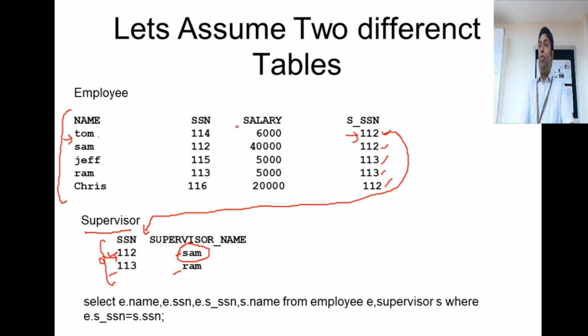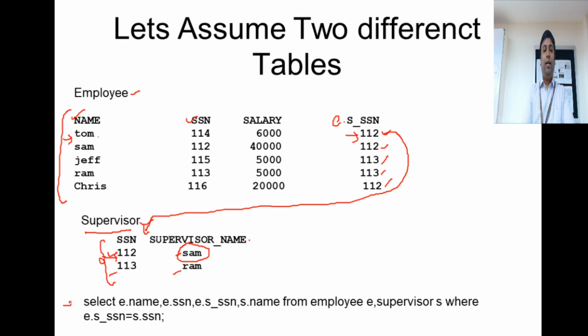So when you write a query for this using two tables, what will it be? Select e.name, e.ssn, e.supervisor SSN from the employee table. Not only that, we need one more column, right? That is the supervisor name. So we will also select the supervisor name from the supervisor table.